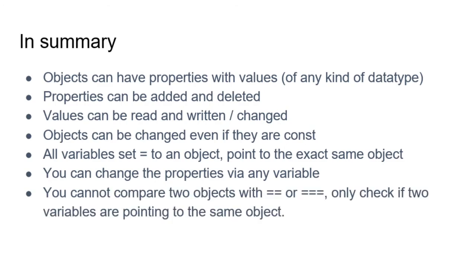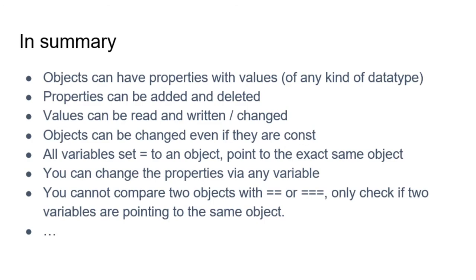We can compare objects with double equal or triple equal. We can only check if they are pointing to the exact same object, so if they were created with a variable that was set equal to it. Otherwise, this doesn't make sense in any other case.